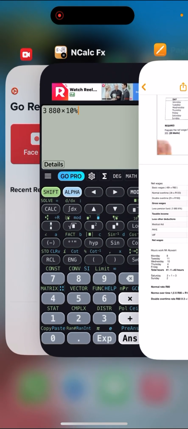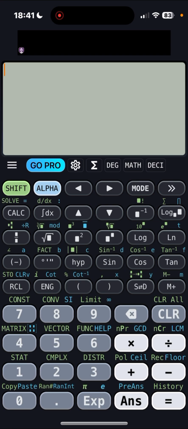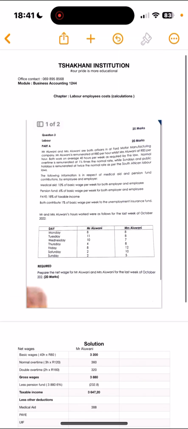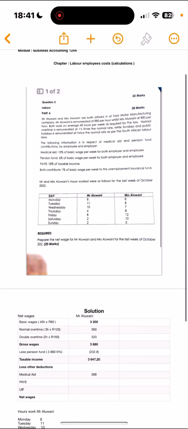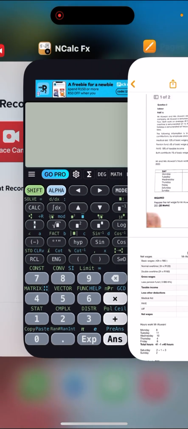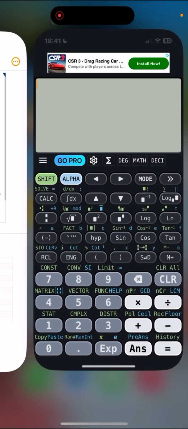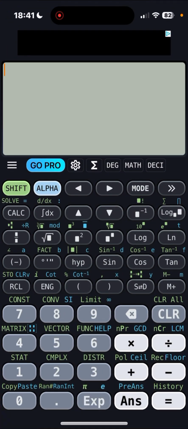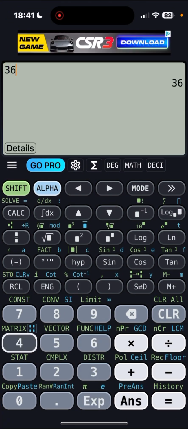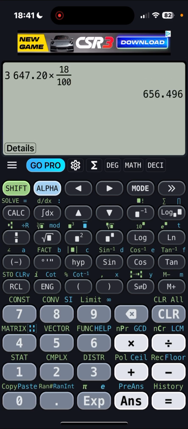And then we have PAYE. Let's look at PAYE. PAYE is calculated at 18% of the taxable income. So the taxable income, as we have already got it, is 3,647.20. Multiplied by 18 over 100, which is 656.